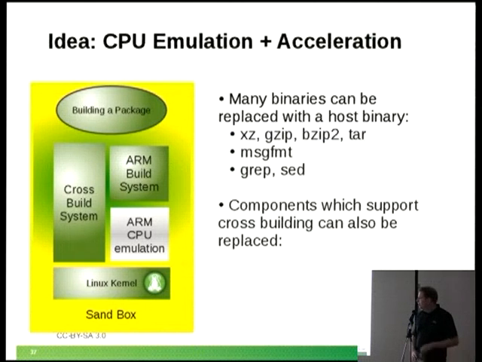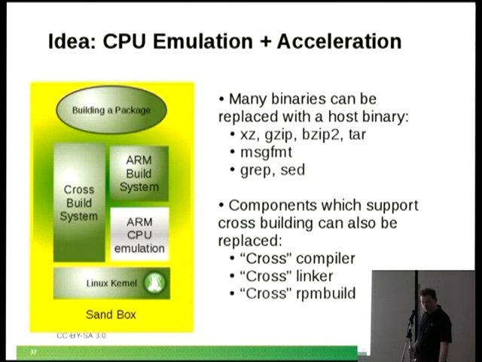And this way we can gain a pretty decent speed up. Of course, if we spend a bit more time on it, and that's what we actually did, we also replaced the compiler, the linker, and even RPM build itself with a binary that is located in the normal paths, but is actually producing cross-code. So we are kind of doing a cross-build that looks like a native build.